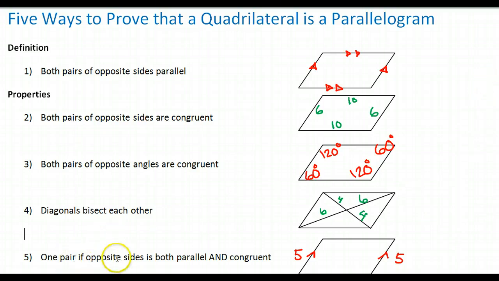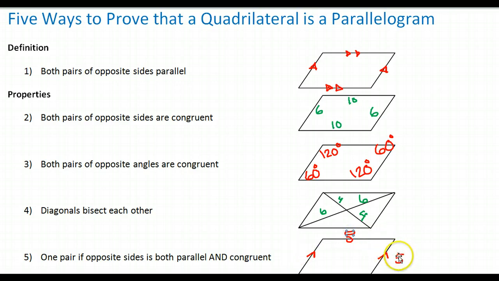If the same pair of sides is both parallel and congruent. See how these are both 5? And they're also marked parallel? Then this would definitely be a parallelogram. On the other hand, if for whatever reason I had the 5s over here, whoops, I'm missing a piece.